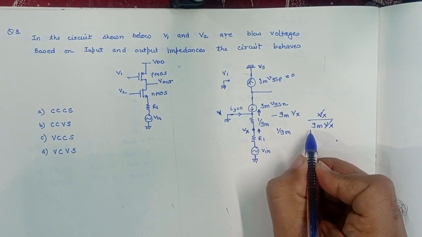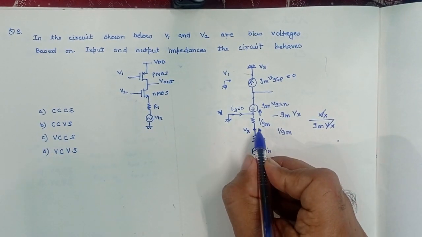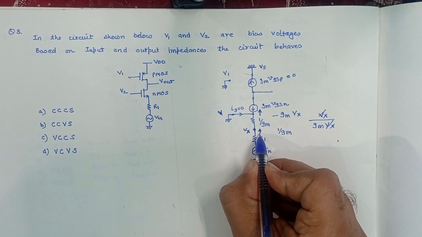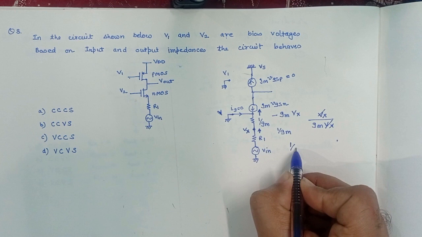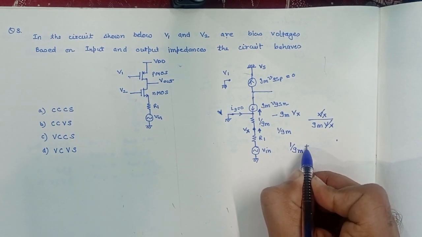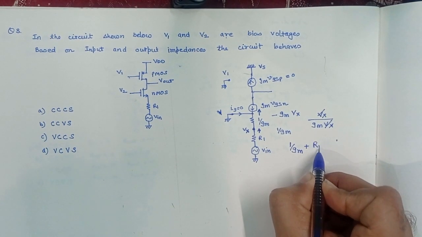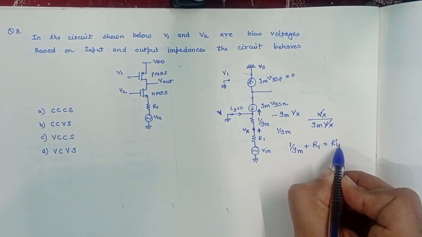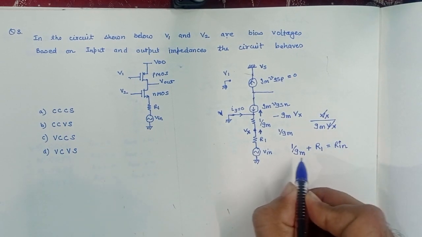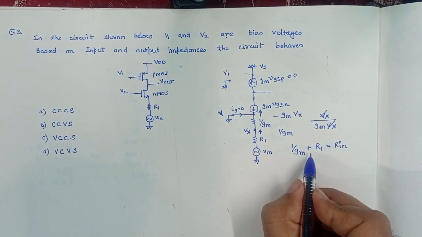So the impedance will be 1 by GM, which will be present here looking inside the circuit. By taking internal impedance into account, the total input resistance or input impedance will be equal to 1 by GM plus R1.